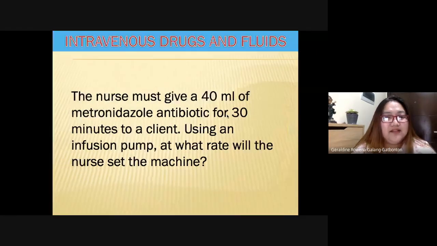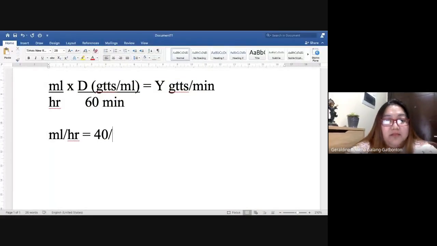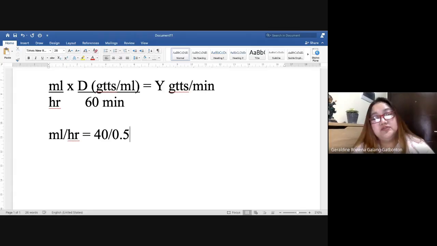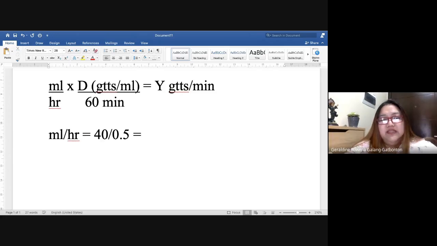You cannot write 30 here. Pag nilagay mo dito 30, ang ibig sabihin yan, 30 hours. Kasi di ba hour. Alright? So, ano dapat ang ilagay mo? Ilang oras yung 30 minutes? 0.5 hours. Okay? So, 40 divided by 0.5 is 80 ml per hour.